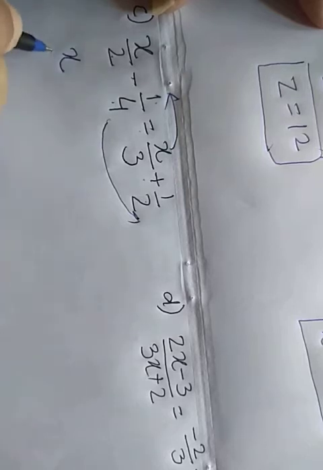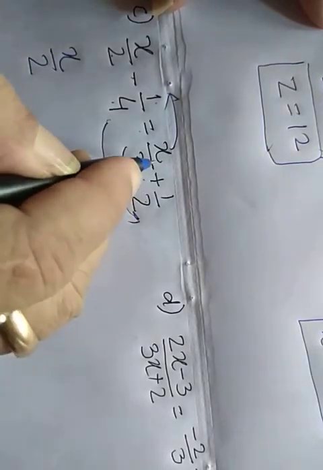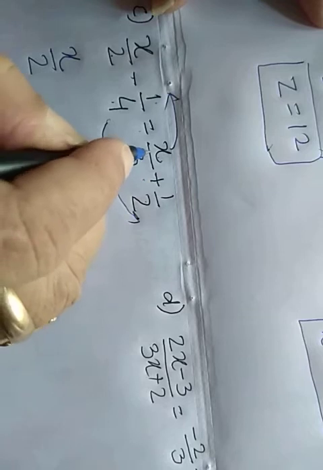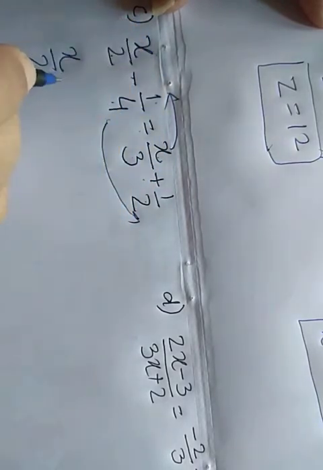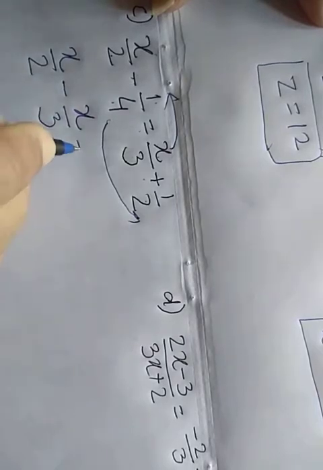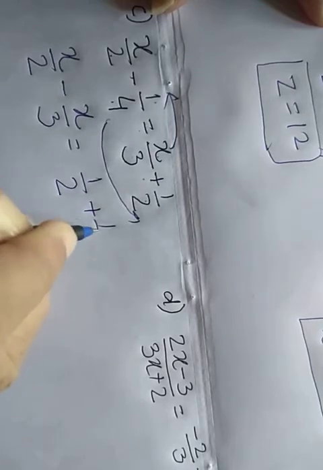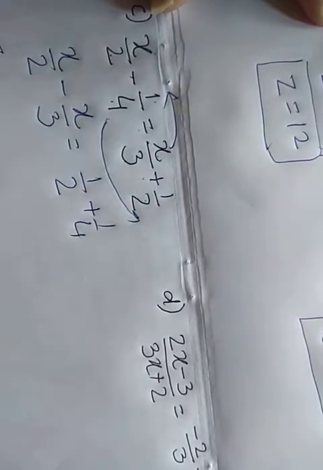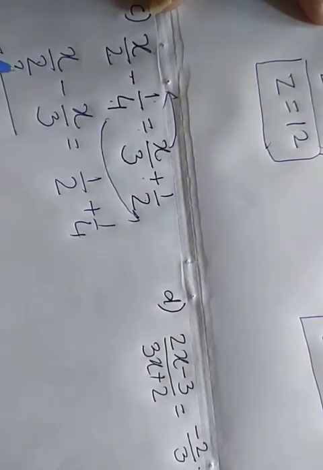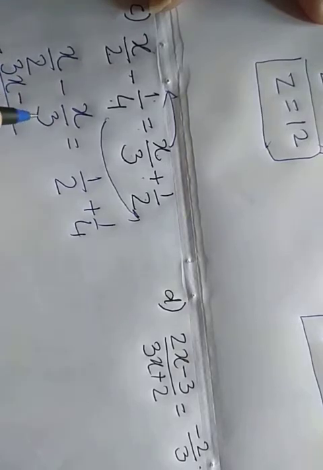The sign of x by 3 here is plus. If you change to this side, it becomes minus x by 3 is equal to 1 by 2 plus 1 by 4. What is your LCM for 2 and 3? 6. 2 3s are 6, and 3 into x is 3x. 3 2s are 6, and 2 into x is 2x.